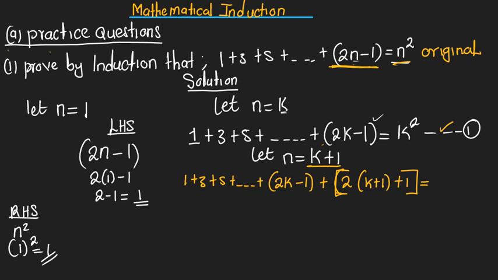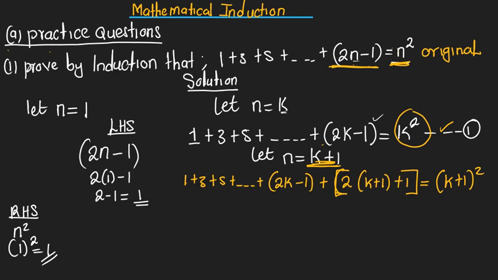Then you say equal to. Then here, where there is n, you replace with this guy here again. Forget this part. Only replace this where there is n. So because there it's n to the power 2, I'm going to say k plus 1 to the power 2.